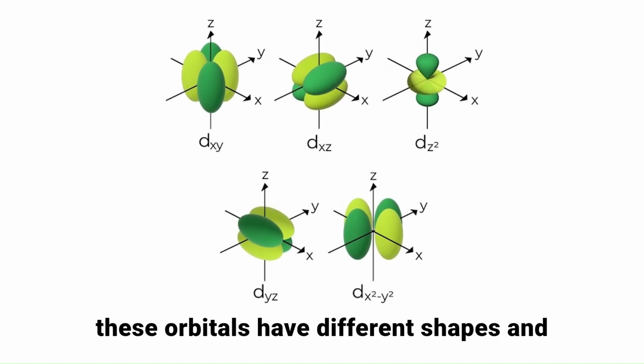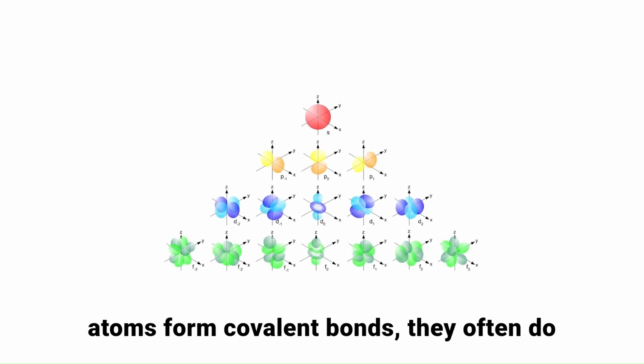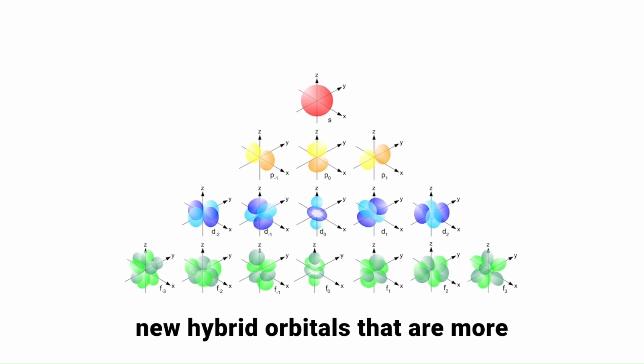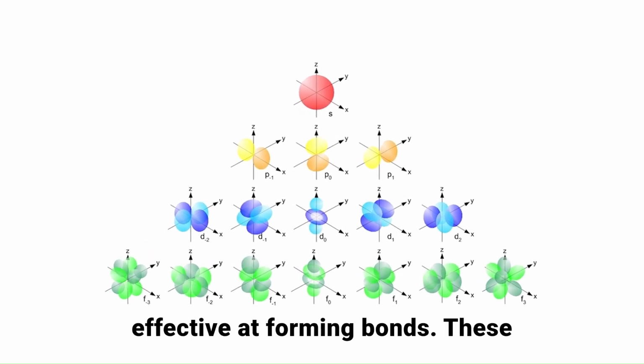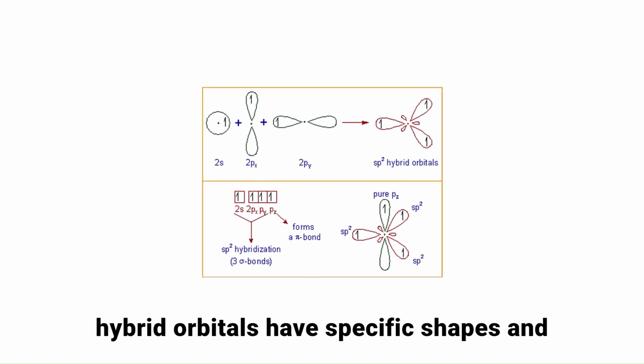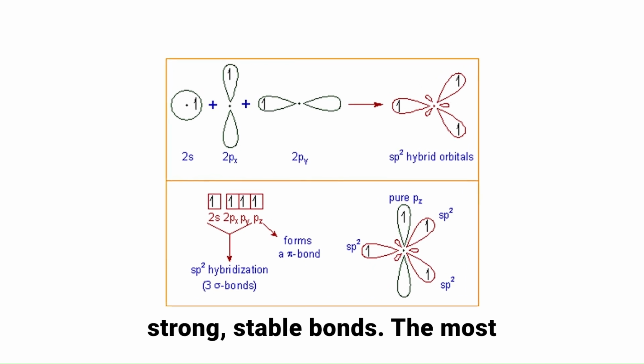These orbitals have different shapes and orientations. However, when atoms form covalent bonds, they often do so by combining their orbitals to create new, hybrid orbitals that are more effective at forming bonds. These hybrid orbitals have specific shapes and orientations that allow them to form strong, stable bonds.